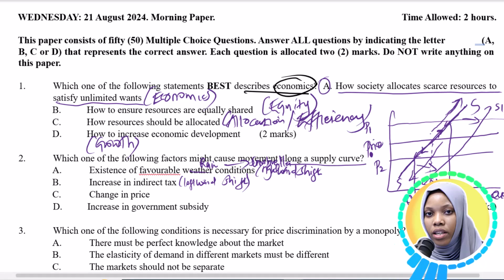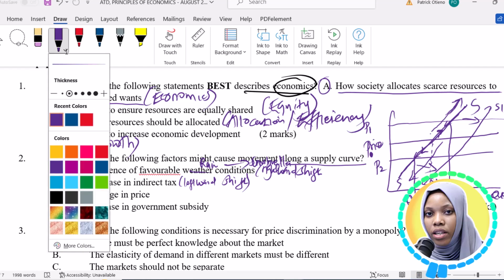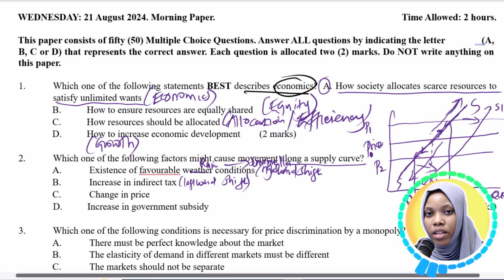Let's use another pen, another color. Let's choose red. So our movement along is like this, when there is a decrease or an increase along our original supply curve, which is S0. So a change in price is a movement along, not a shift.